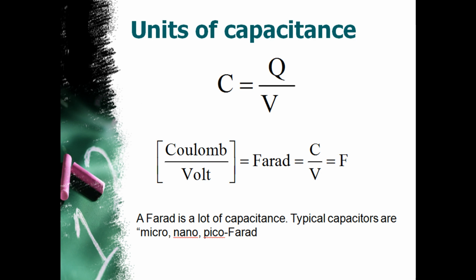The unit of capacitance is coulomb per volt, and coulomb per volt is also equal to farad. So the SI unit of capacitance is the farad, and it is represented by the letter F.